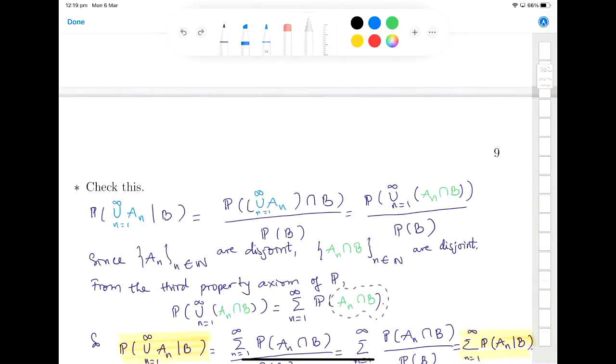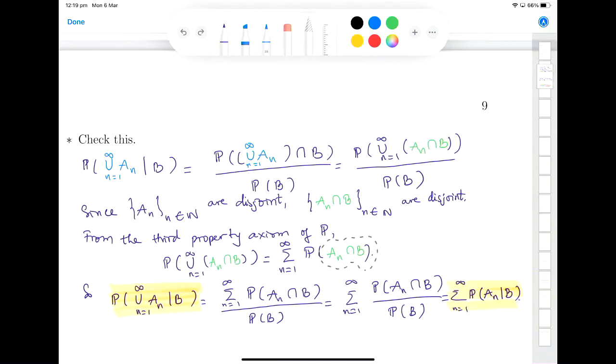Now glue everything together. You see that the left-hand side will equal, replacing this one, the sum of probability of A_n intersect with B. Just take the sum outside, because B is positive and finite, so you can put this one inside the infinite sum.